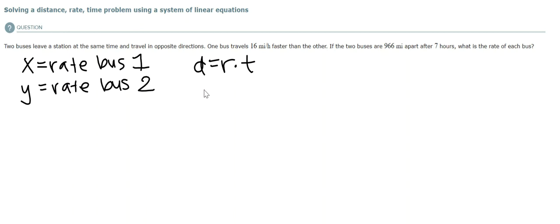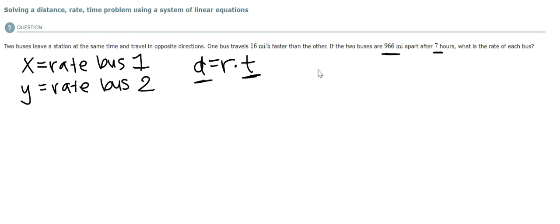So if we're looking at the buses and figuring out their distance, we know the distance is 966. We also know the time, which is 7.